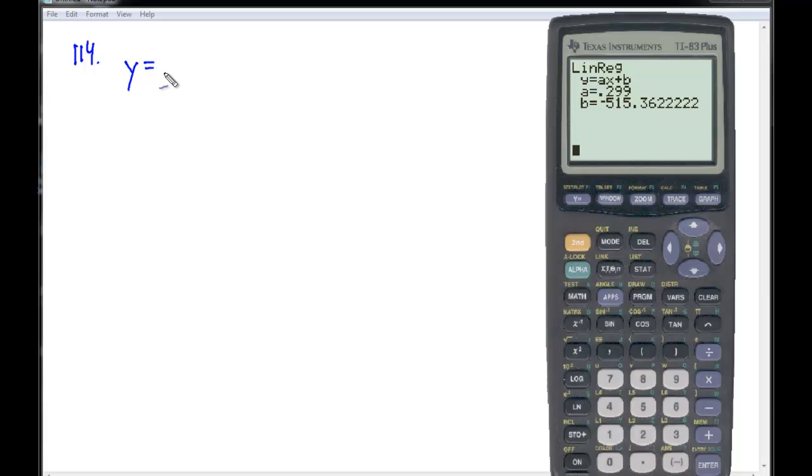Well, that's going to be y equals 0.299x minus 515.362, or 299 thousandths x minus 515 and 362 thousandths. Okay, so that's our equation for figuring out the year and life expectancy.